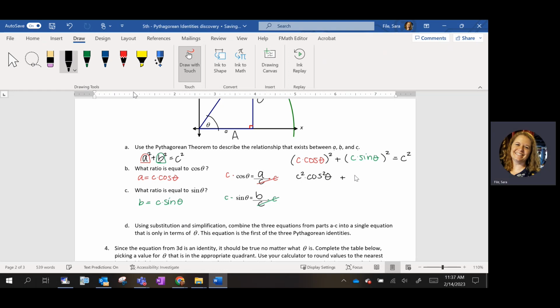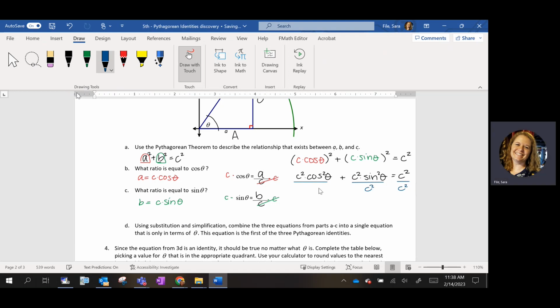And this is going to become C squared times sine squared of theta. Now there's still something I can do to simplify this. What do all of those terms on the left and right have in common? Yeah, they all have a C squared. So I can simplify by dividing that out.